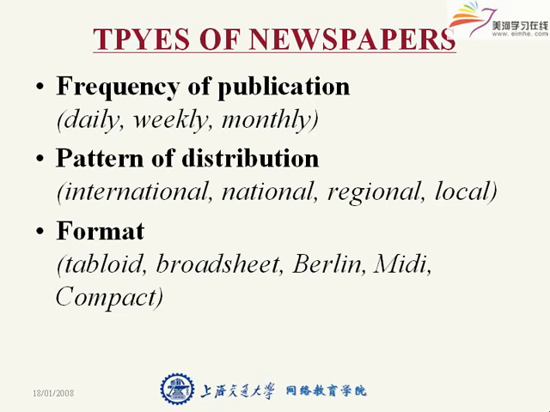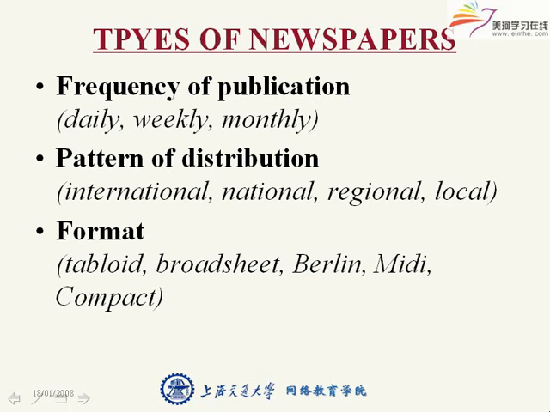Okay, now as I said, there are different types of newspapers, and there are different ways how to classify a newspaper. The first is frequency of publication. A newspaper may appear daily, weekly, or monthly. A daily, you already have this in the name, like Shanghai Daily, appears every day.